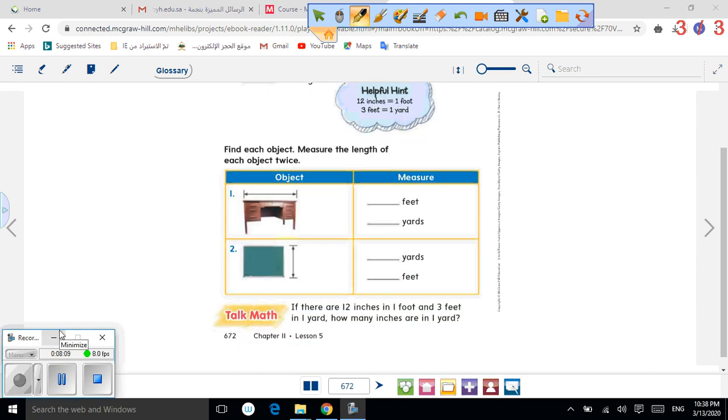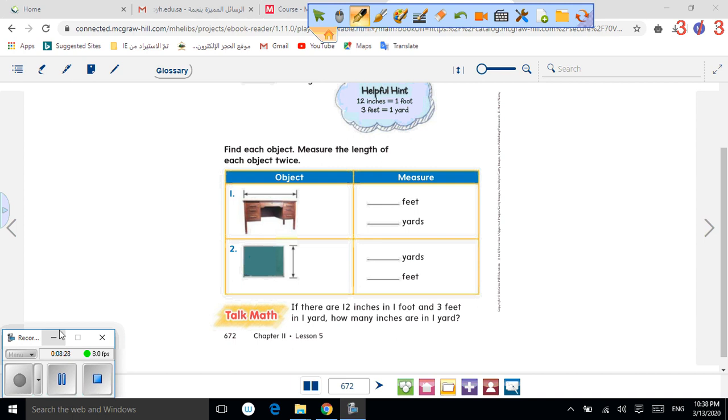Now go to page 672. We want to measure these objects with our ruler or estimate them.